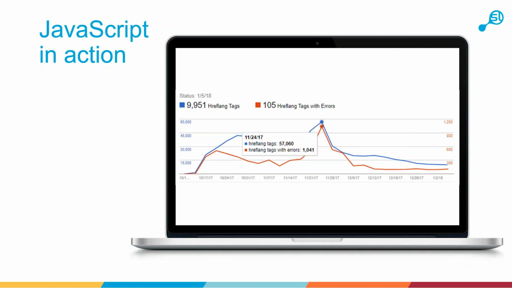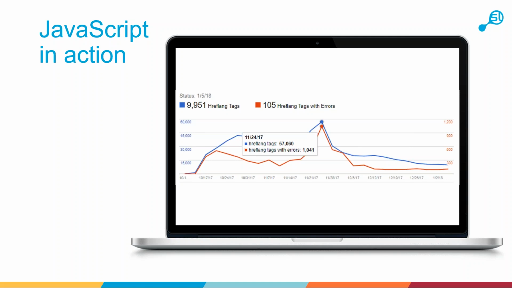Essentially, it's not great at all. Here we can see the drop-off from around 60,000 tags to only 10,000 tags, which is not ideal. This is how powerful and damaging JavaScript can be.